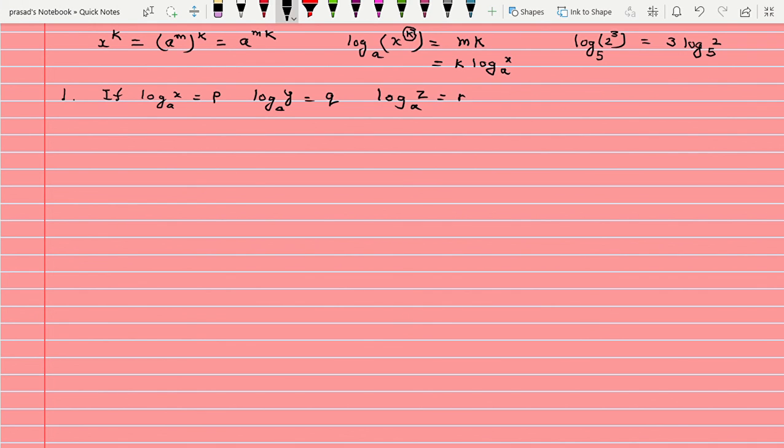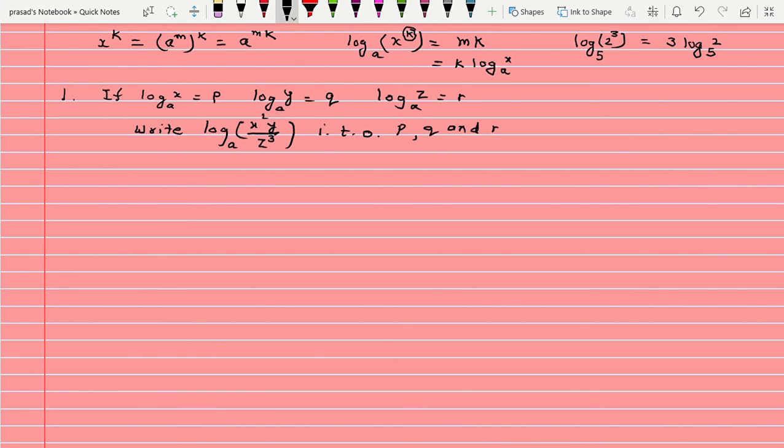Right. Find log of x square y upon z cube to base a in terms of p, q, and r.